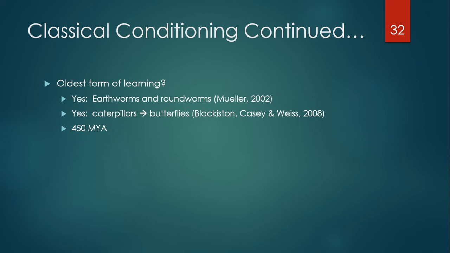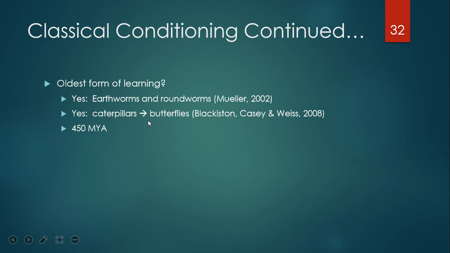Caterpillars can be taught a classical conditioning trial. They can be taught to associate a CS with a US. They can then go through the metamorphosis inside a chrysalis and turn into butterflies. And those butterflies can show that same level of learning from back when they were caterpillars. So think about that.